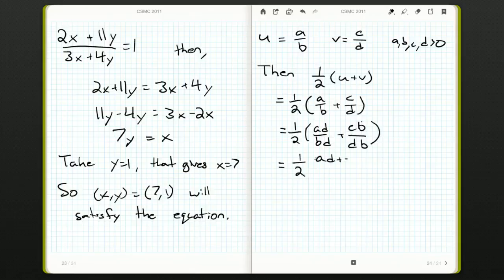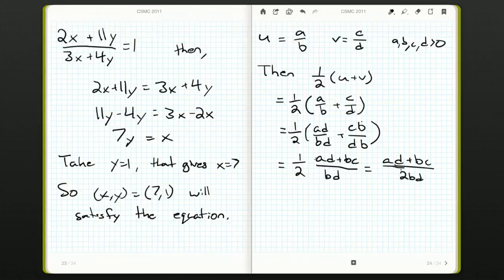So 1/2 (AD plus, we'll rearrange things so that it's in alphabetical order, BC) over BD, and then multiplying through by 1/2, we multiply the numerators and multiply the denominators. So we're left with AD plus BC over 2BD. And we want to show that this is equal to a mediant.